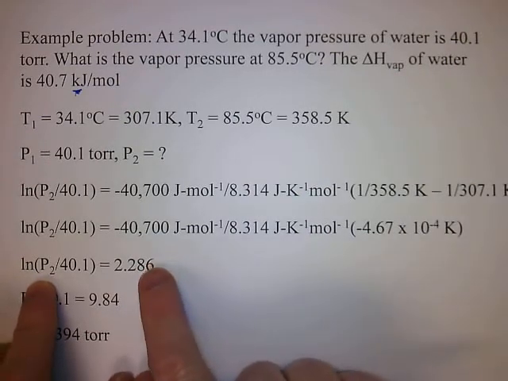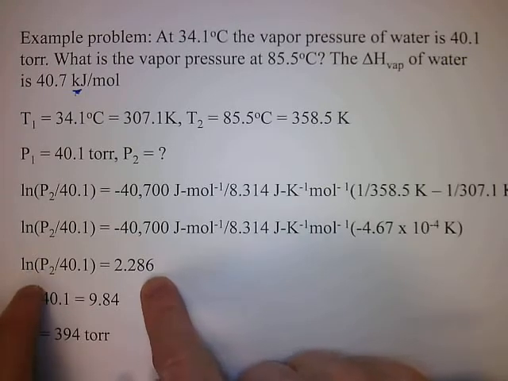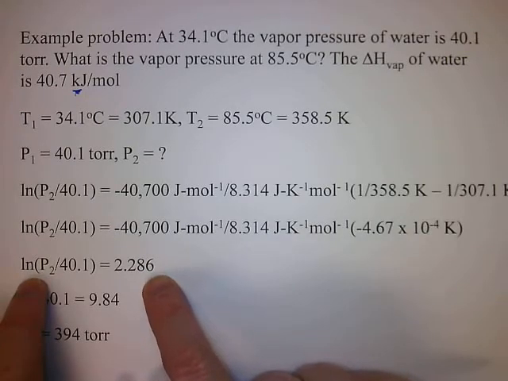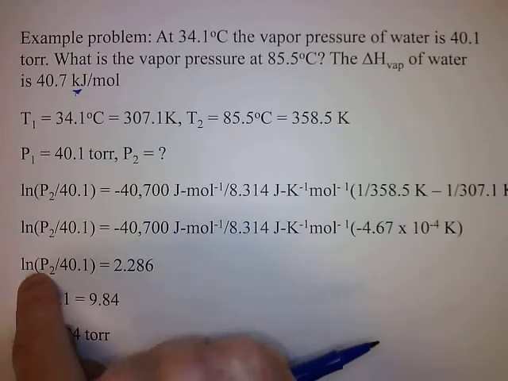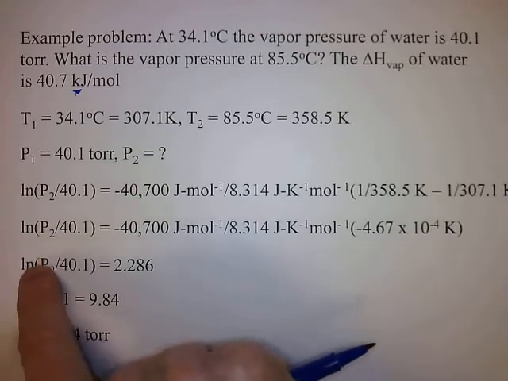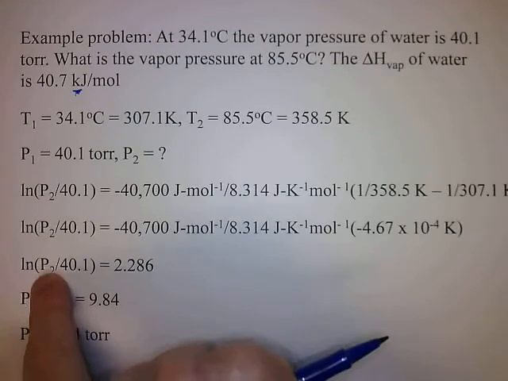So what we're going to do is take the inverse natural log of both sides of the equation. The inverse natural log of the natural log is just the number itself, so by taking the inverse log, we're getting rid of the natural log.